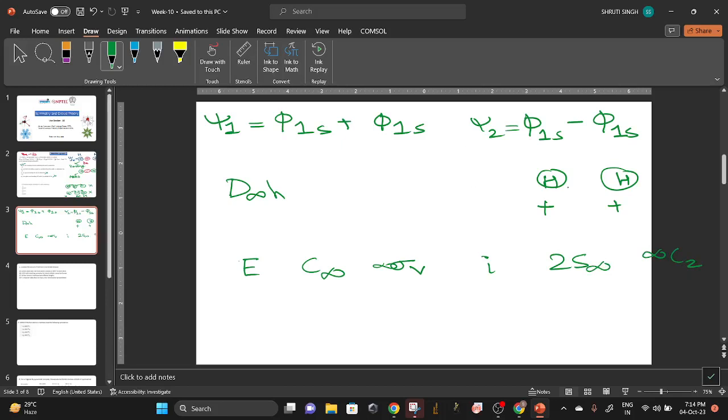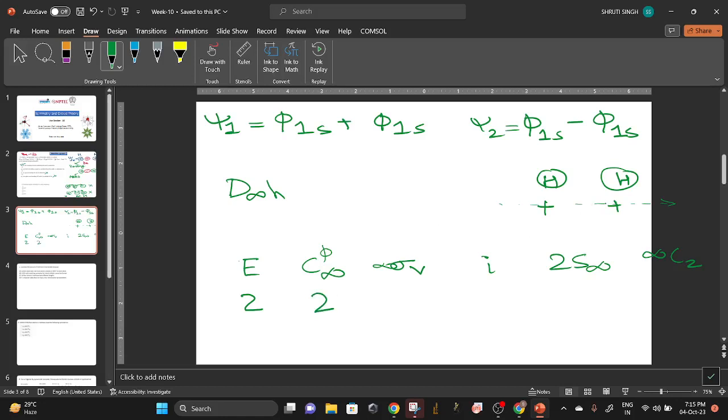So when you operate E on this system, it will give you 2, because on operating identity nothing will change, so plus remains plus and this plus also remains plus. On applying C infinity, this C infinity will be in this direction, by any angle, the angle can be phi.